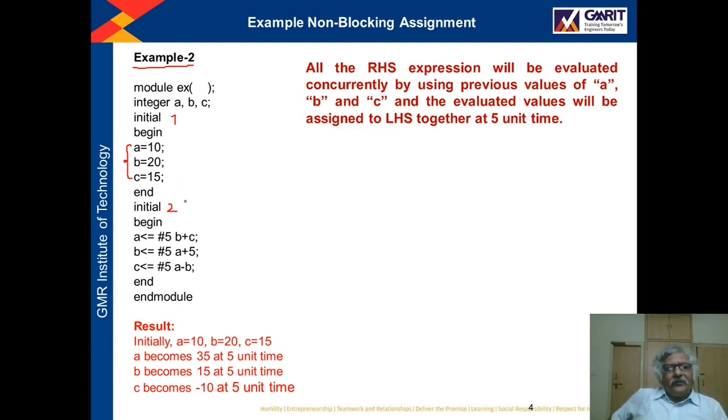When initial block 2 executes, these three statements, 1, 2 and 3, execute at exactly the same time. B plus C will be evaluated and the result will be 35. A plus 5 is evaluated, and here the previous value of A will be used, not this value, meaning 35, because this update is not completed here, only evaluation is done.